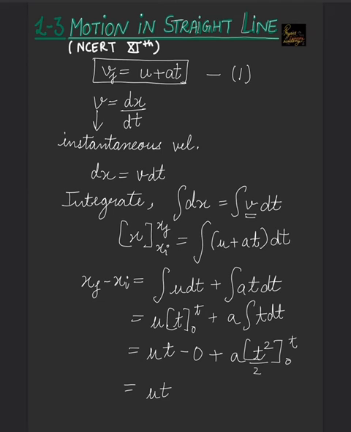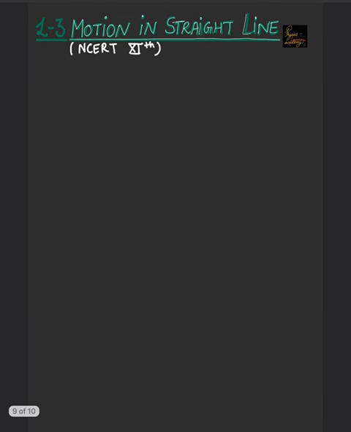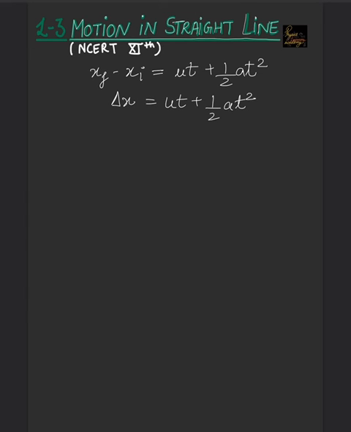Whenever we put this, it becomes half a t square. The other term again comes out to be 0. On the next page we can write xf minus xi is equal to ut plus half at square. Now this is delta x, displacement, equal to ut plus half at square.